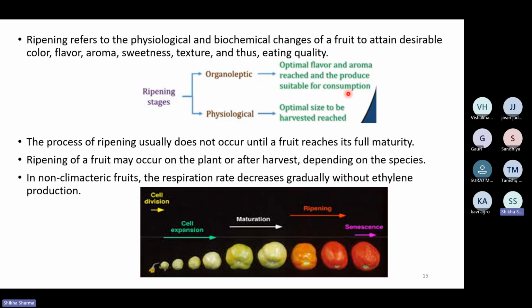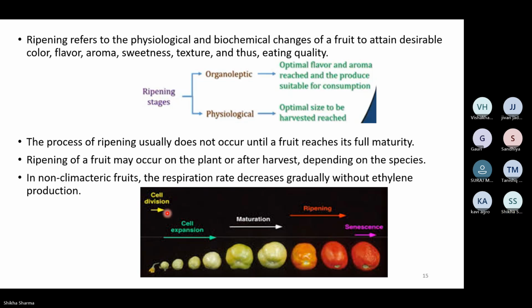So the product can be consumed, and the physiological changes like the optimum size should also reach an optimal level. Then we can say that it is properly ripened. The process of ripening basically does not occur until the fruit is mature. What happens first is cell division.